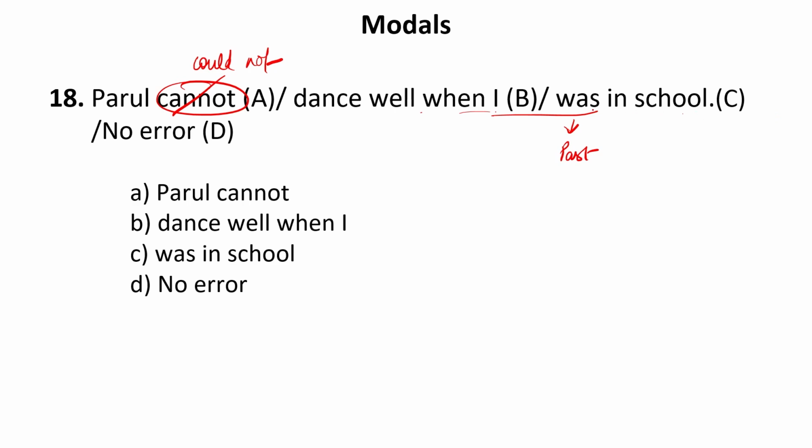So this I was in school shows that this is the time of past when I saw that Parul could not dance well. So the correct answer is A. So our answer is A, because this part contains an error.